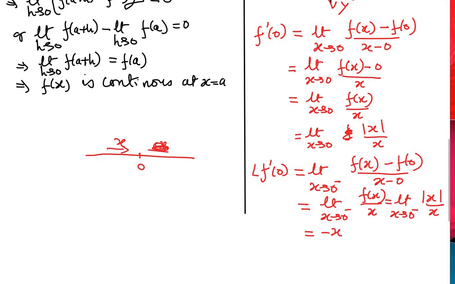So this will be equal to limit x tends to 0 minus, minus x by x. x can be cancelled, so this will be equal to minus 1. As minus 1 is a constant, as x tends to 0 minus, it will remain as minus 1.